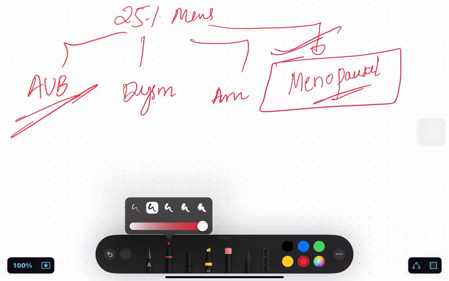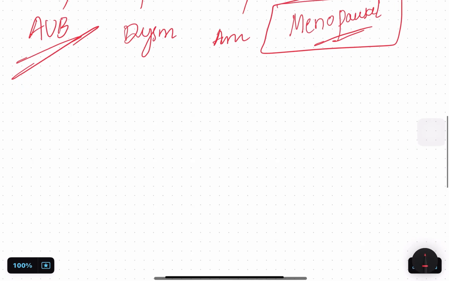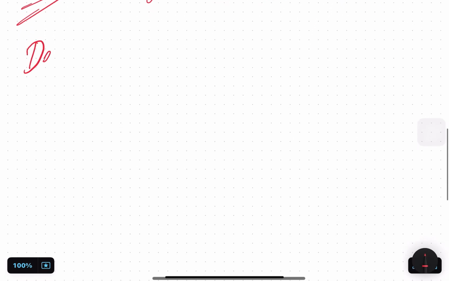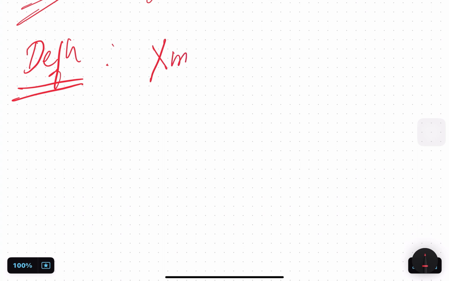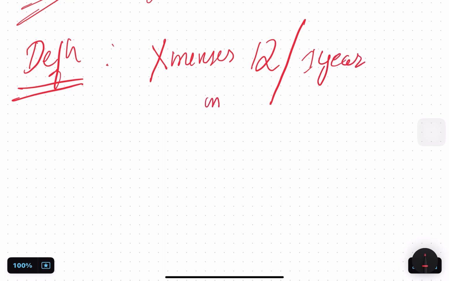Fine. So what is menopause? Definition, importance, to classify a patient. In India, 47 years is the most common age. When you say a patient has menopause, she has not had menses for 12 straight months, or you can write 1 year. That is one clinical definition.